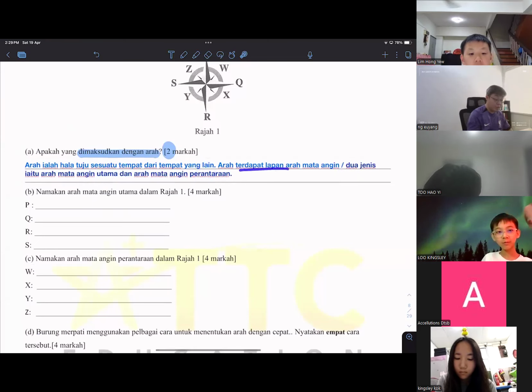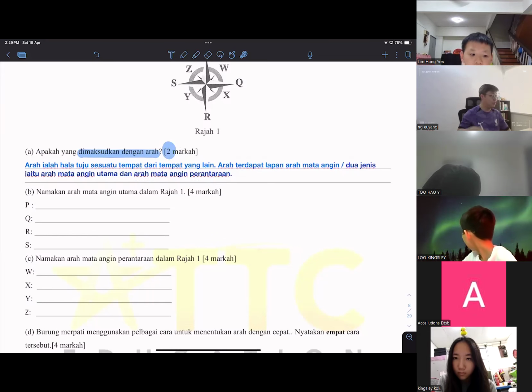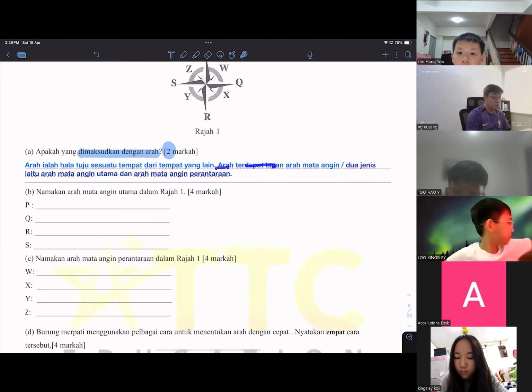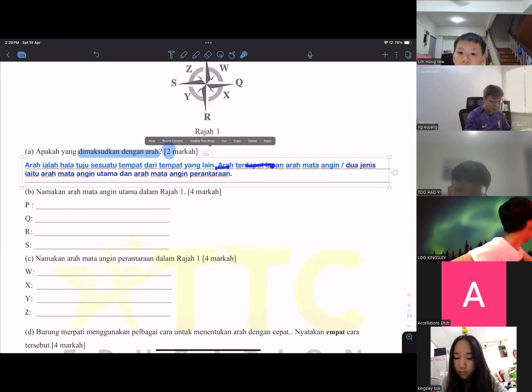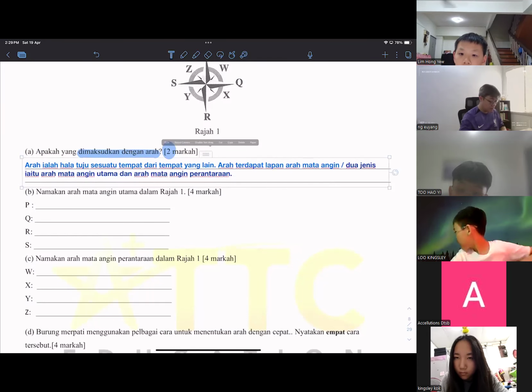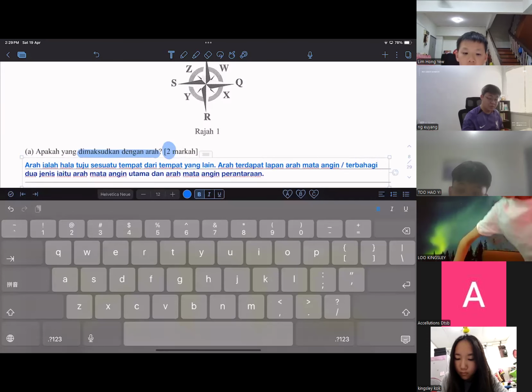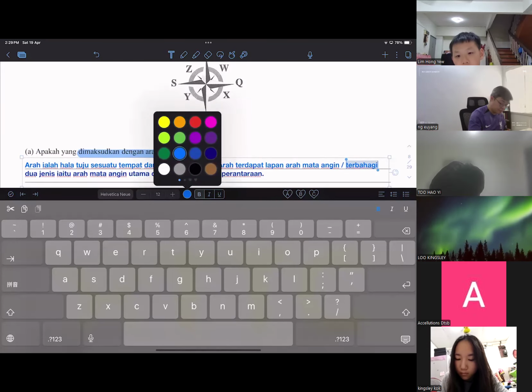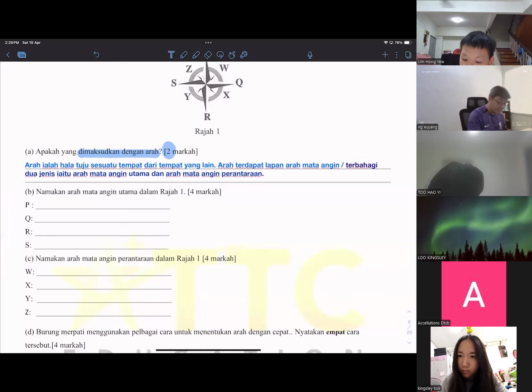So if you copy everything that's supposed to consist of 3 marks, do not waste the time. Yes, Howyou, very good. Howyou is trying to give me another sentence. For arah he didn't use terdapat. He's trying to use another keyword, terbahagi, which is very good.